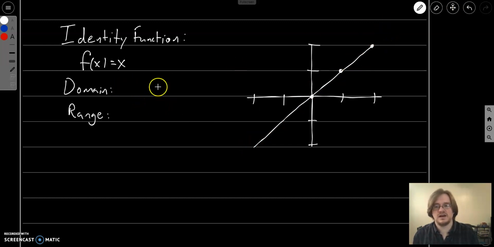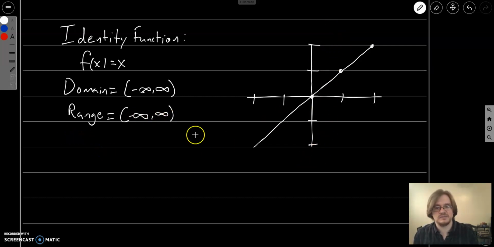The domain is what values can we plug in? Well, we can plug in anything. So the domain is all the way from -infinity to infinity. The range, what are all the possible heights? Well, all the possible numbers that we can plug in. So the different heights of the function, the range, is going to be the entire y-axis.